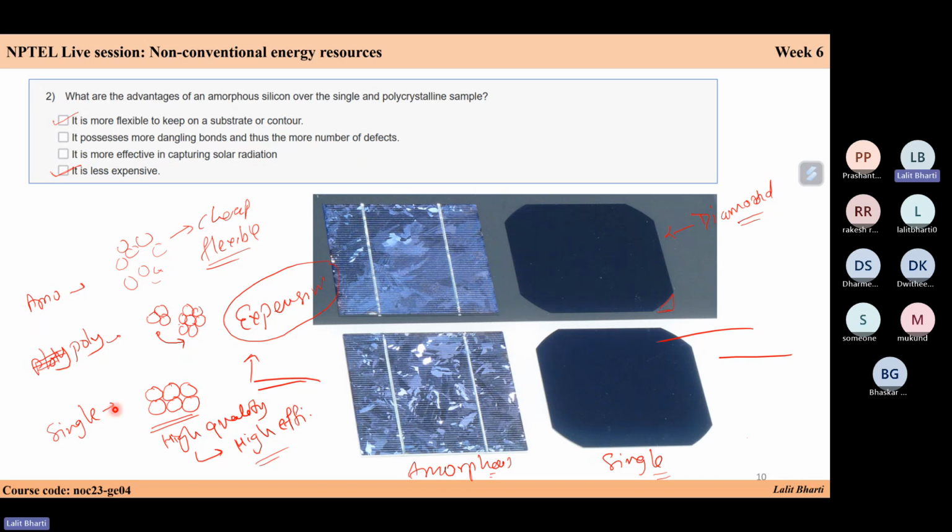For single crystalline, you have very well defined single crystals with very long range ordering. So if you go from point A to point B anywhere in the crystal or lattice, you will see a similar kind of environment, or similar crystal structure, everywhere in your whole lattice. And polycrystalline is somewhere between single crystalline and amorphous.